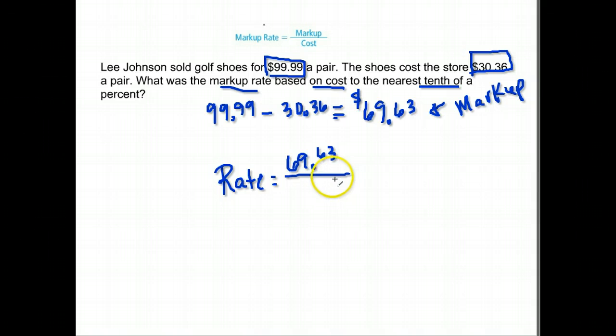This is markup based on the cost, so we divide it by the cost to the store, which was $30.36. We go ahead and divide that. $69.63 divided by $30.36, and we get 2.293478.